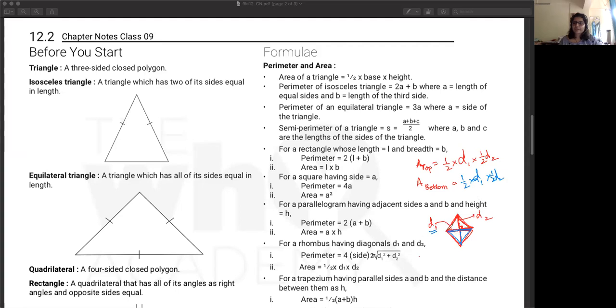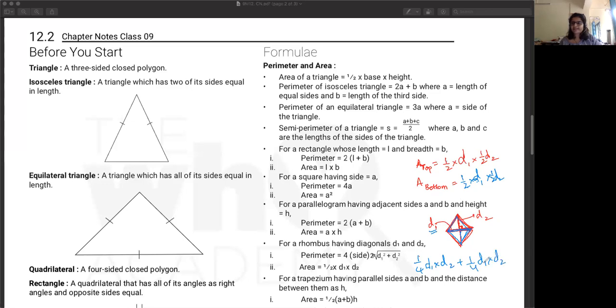So if you were to find the area of the entire rhombus, what will it be equal to? Half into D1 into half D2 into 4? Absolutely. So you get 1 by 4 D1 into D2 plus 1 by 4 D1 into D2.